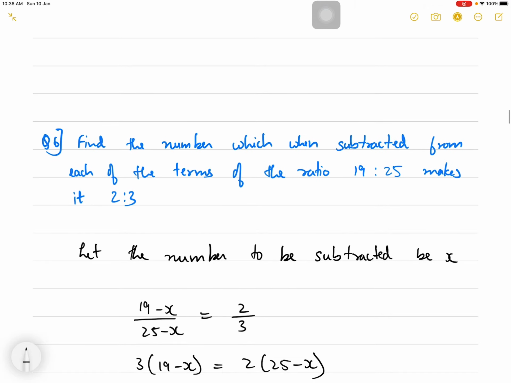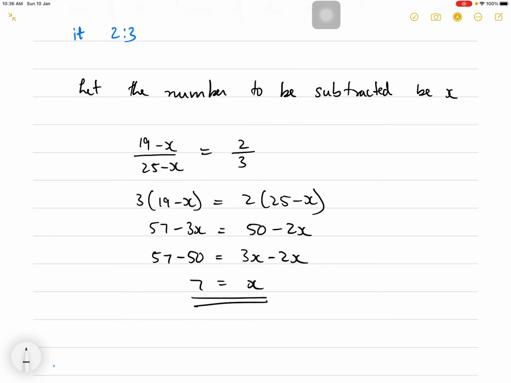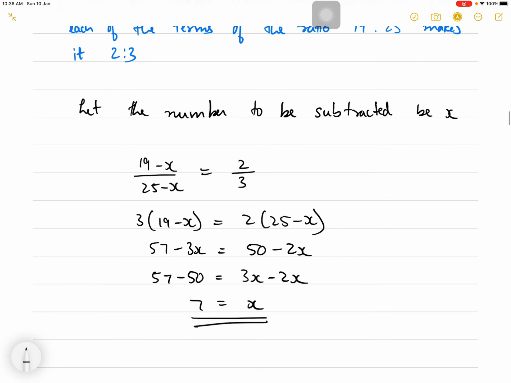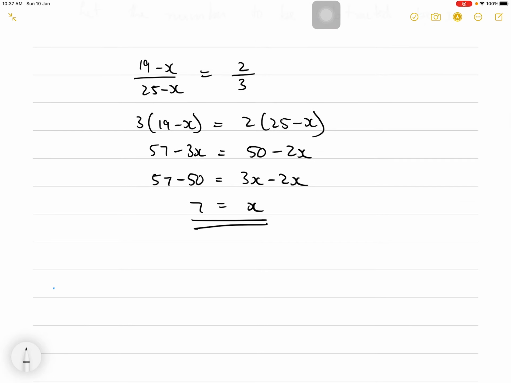Okay. So x is the number. If it is subtracted from 19 and 25, the ratio becomes 2:3. We can check also. Let's do the verification.